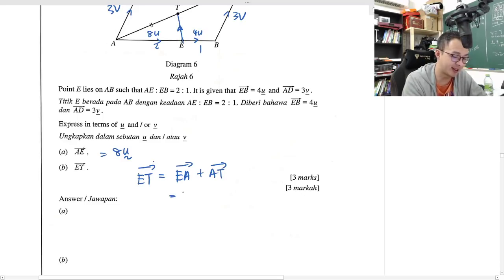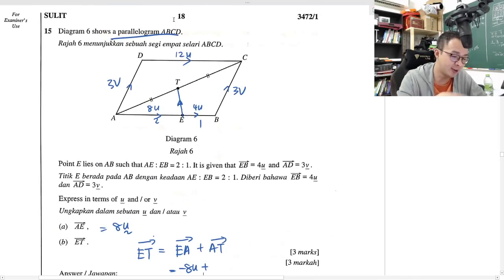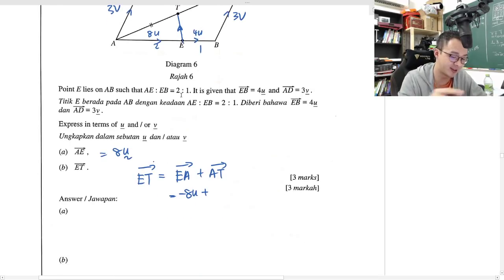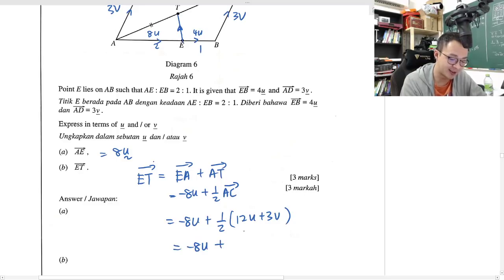E to A is negative 8u, right? And A to T is half of AC, because T is the midpoint. We can find AC easily. AC will be 12u plus 3v, right? So it's negative 8u plus 6u plus 3 over 2 v. So it's negative 2u plus 3 over 2 v.